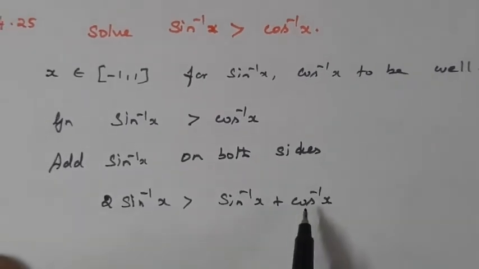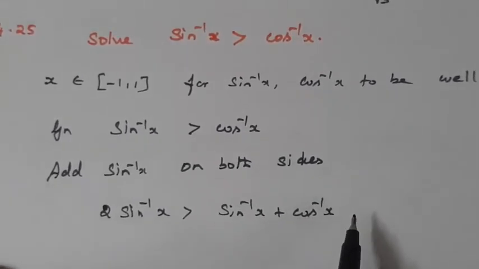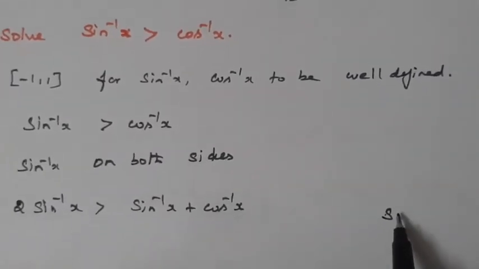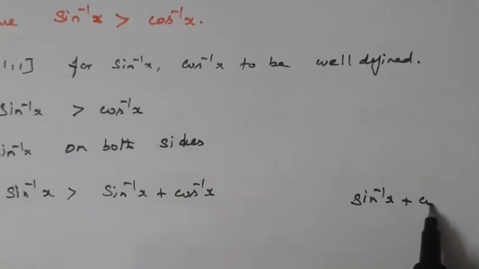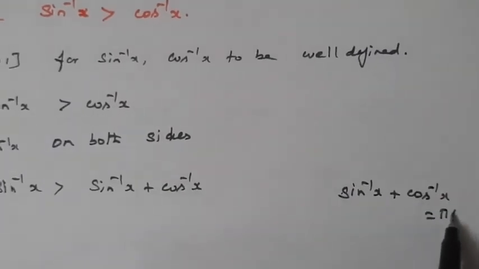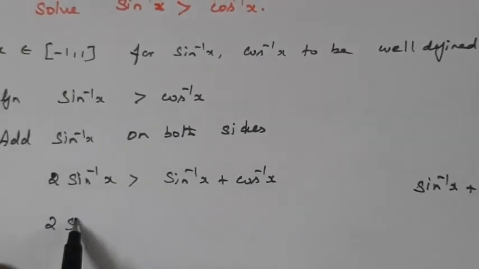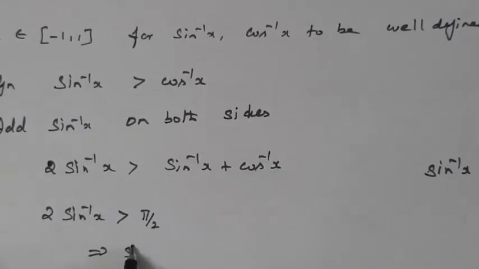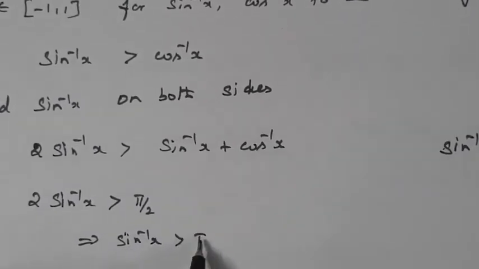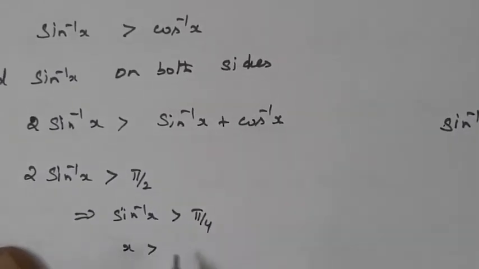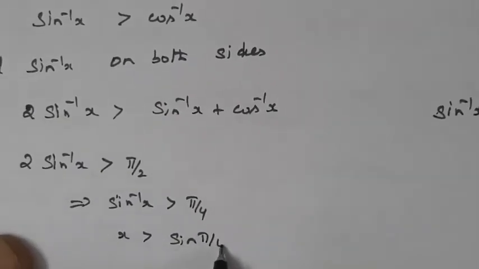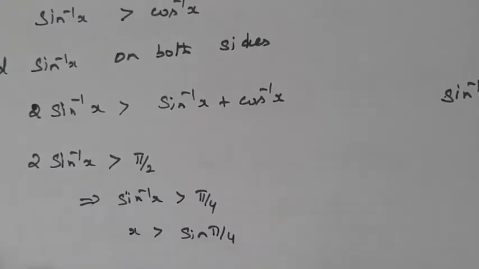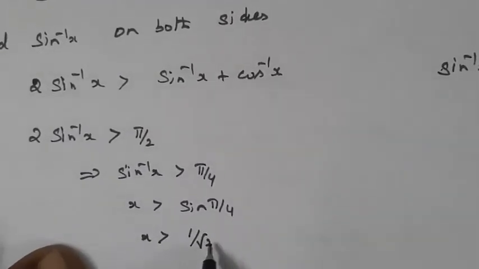You know that sin inverse of x plus cos inverse of x is equal to pi by 2 by the cofunction identity. Hence we have 2 sin inverse of x is greater than pi by 2. This implies that sin inverse of x is greater than pi by 4, or x is greater than sin pi by 4. Now, what is sin pi by 4? Sin 45 degree is 1 by root 2, so x is greater than 1 by root 2.